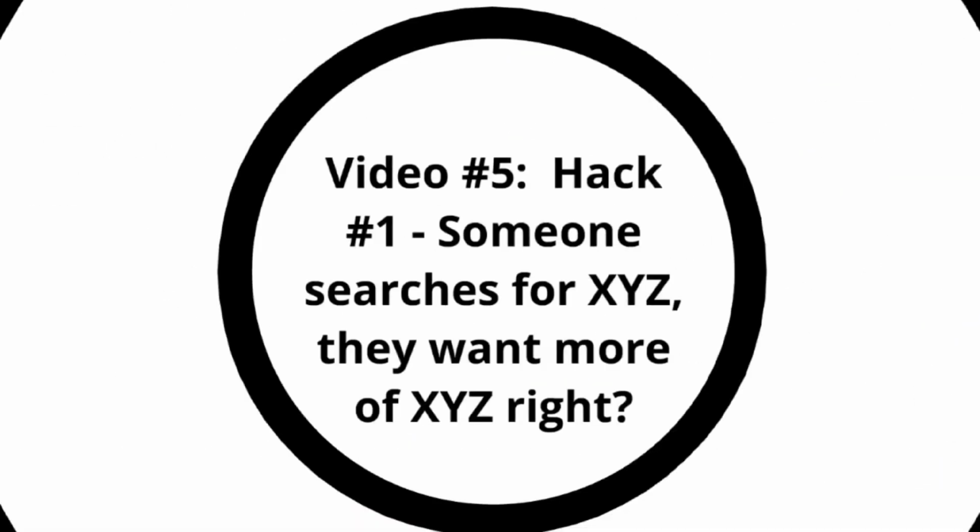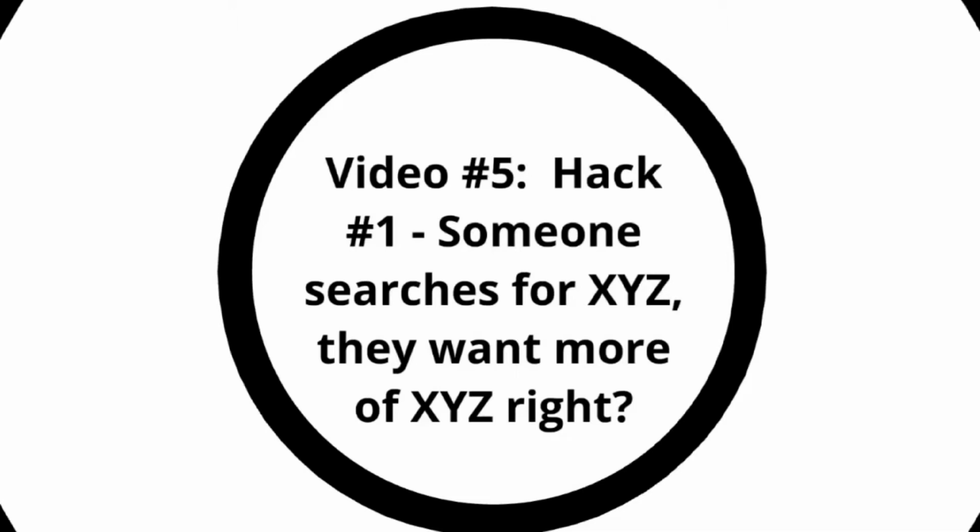Video number 5 is when we start to talk about the hacks. Videos 5, 6, and 7 will be hacks 1, 2, and 3. Hack number 1 is all about this: when somebody comes to your website, after they look at the speed and everything is loading fast, they think, okay, I'm searching for something specific.